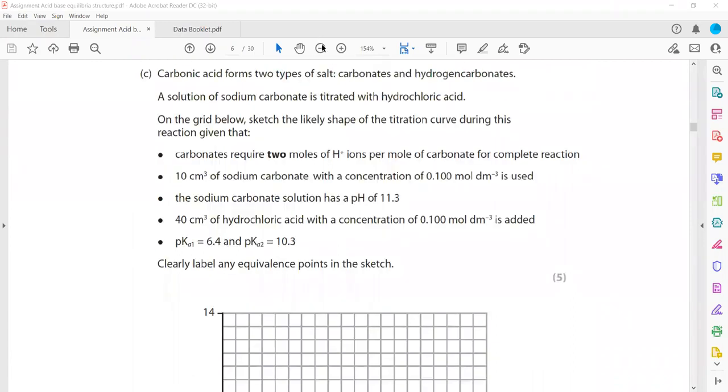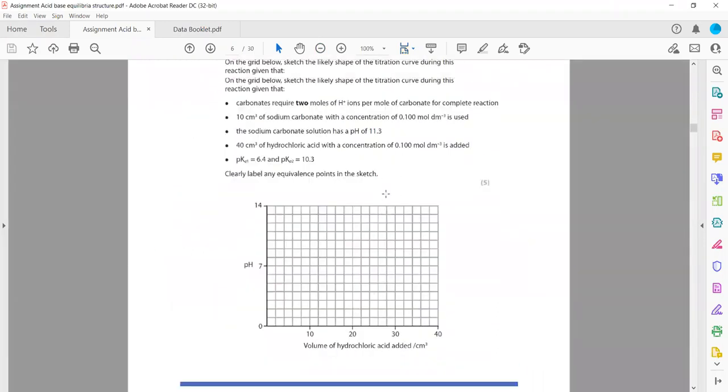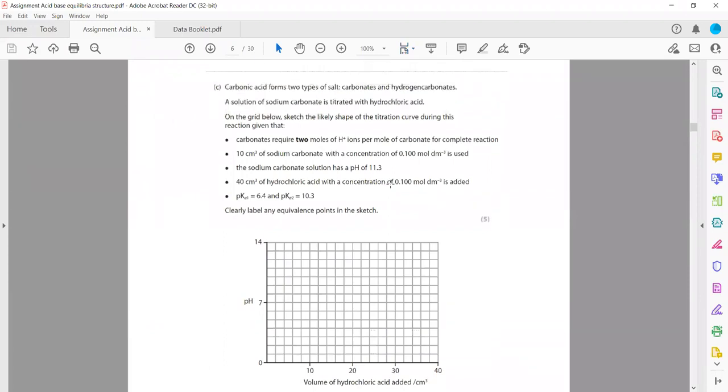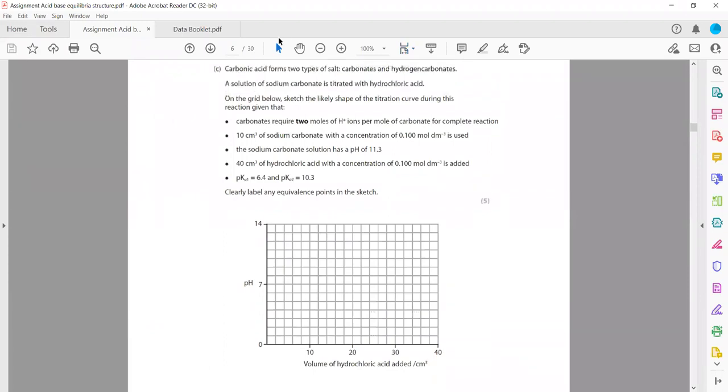So we have to complete this sketch. How will we complete the sketch? The volume of hydrochloric acid added. In the beginning we have sodium carbonate, Na2CO3. This Na2CO3 will dissociate into sodium plus and carbonate minus charge.